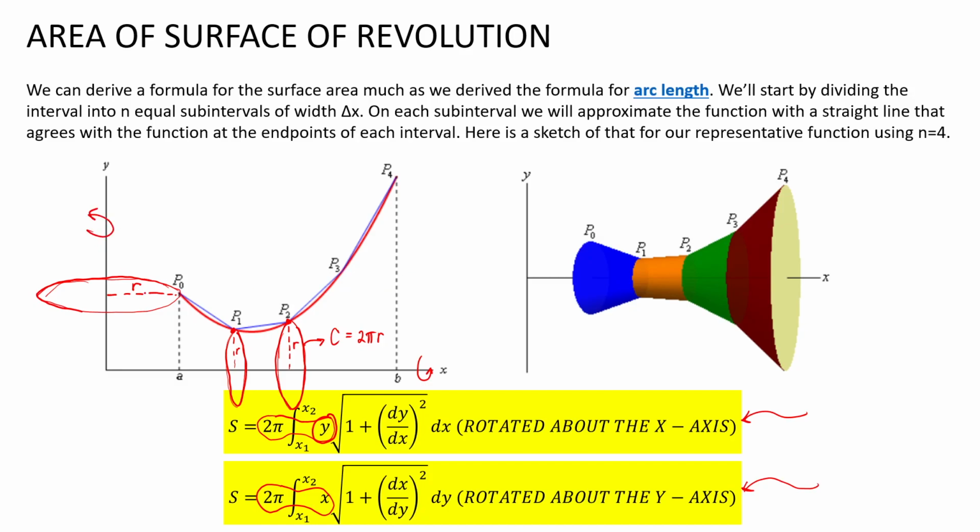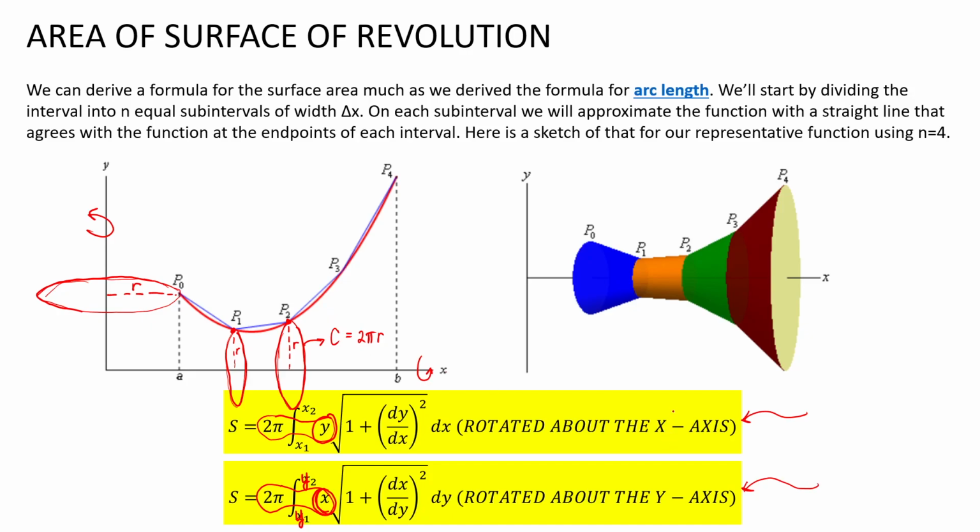So if we are rotating about the y-axis, the radius is the x variable, the x distance. That's why rotating about the y, instead of 2 pi y, it is now 2 pi x. This is from y1 to y2 there. So that is what is added here in the equation.